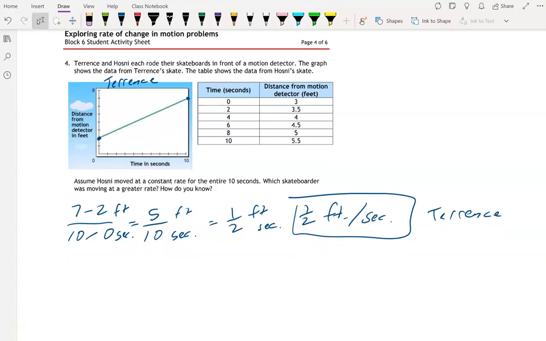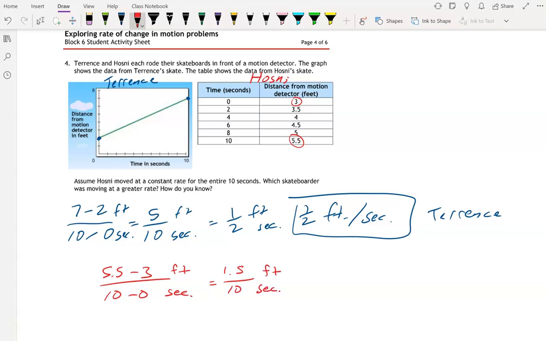Now for Hosny, his distance, he ended at 5.5 feet, so 5.5. He started at 3. His ending time was 10 seconds, his starting time was 0, and that's feet per second. 5.5 minus 3 is 1.5, and 10 minus 0 is 10.